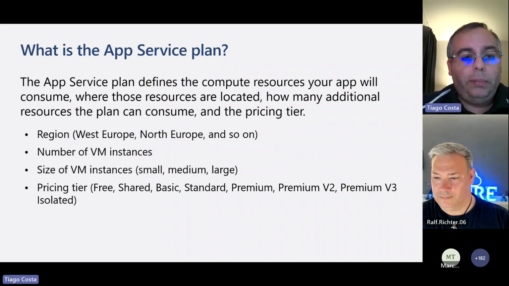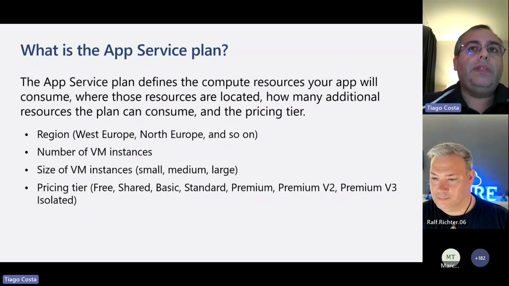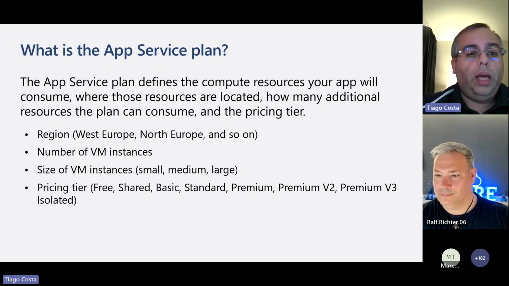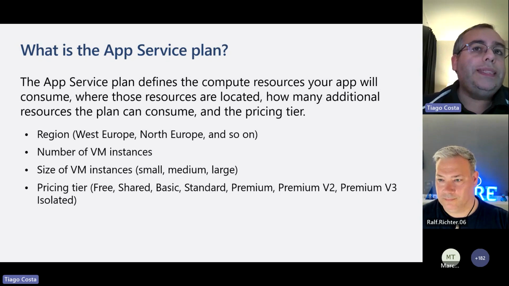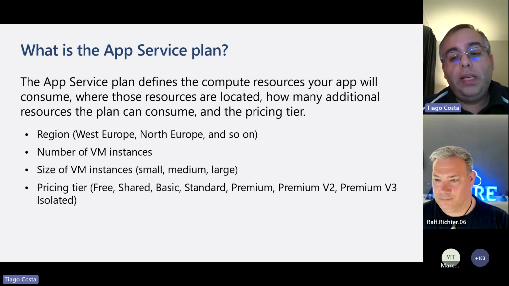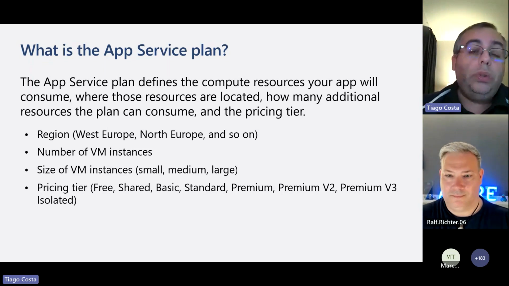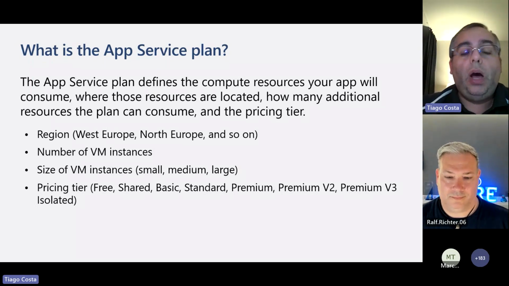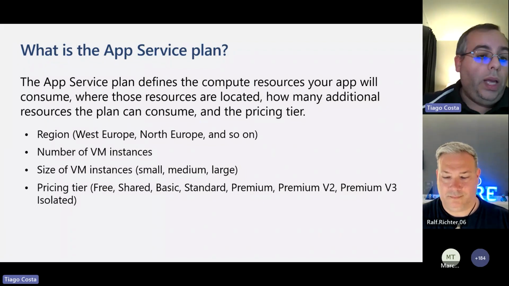I can also define the number of VM instances that are going to run on the app service plan. If you do it through the portal, it usually starts with one. But then you can configure scaling on this, manual scaling in some plans. Some other plans already allow you to do auto scaling and configure rules defining how this is going to scale.